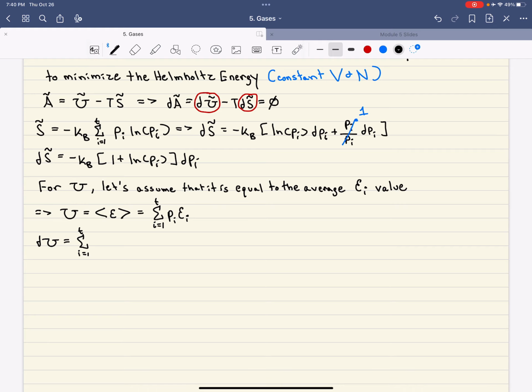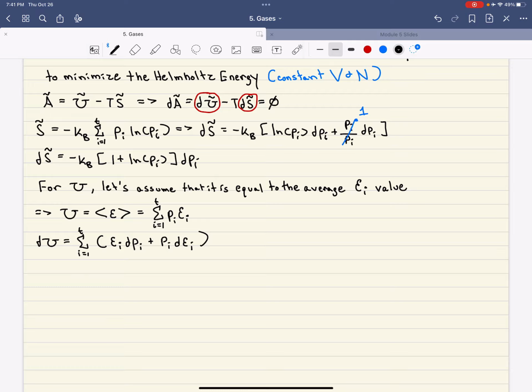And once again, we'll employ the product rule. So here we'll take the derivative of p first, and then on the second term, we'll take the derivative of epsilon.